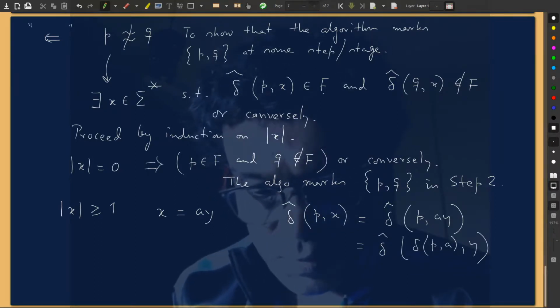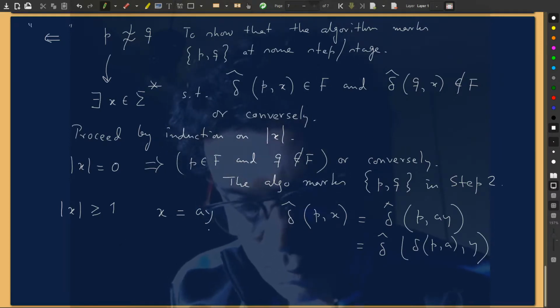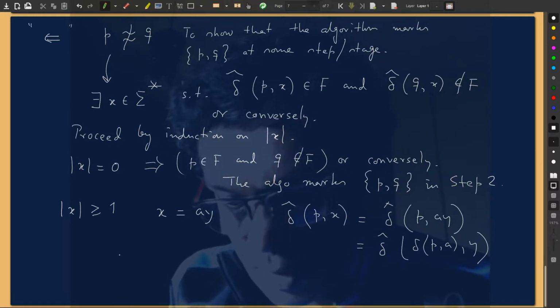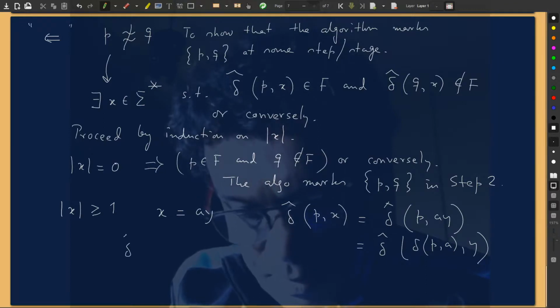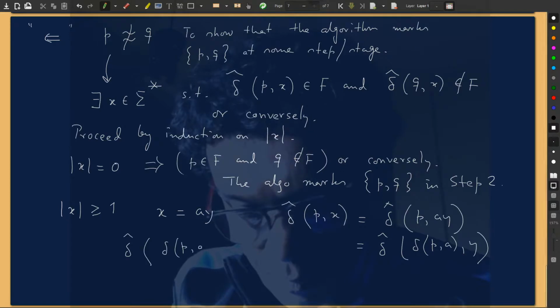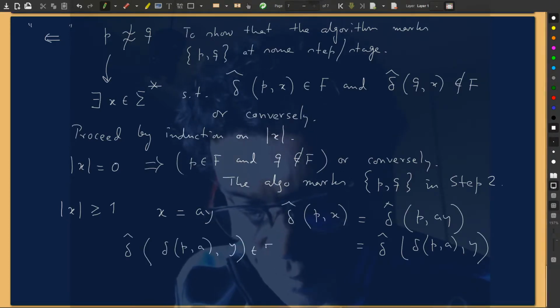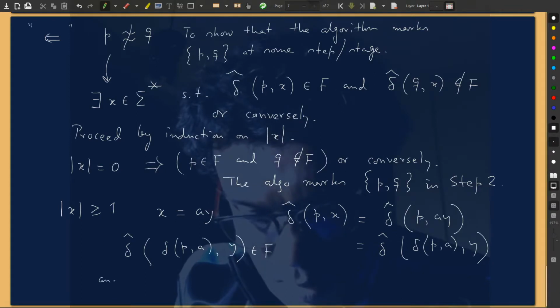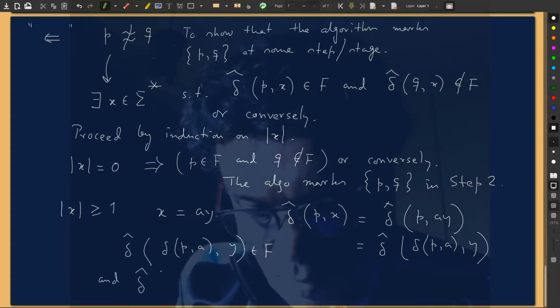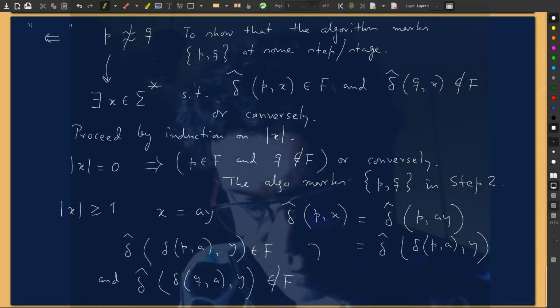So this now says that for this y we have delta hat of delta PA, y is in F, and delta hat of delta QA, y is not in F, or the converse of this.